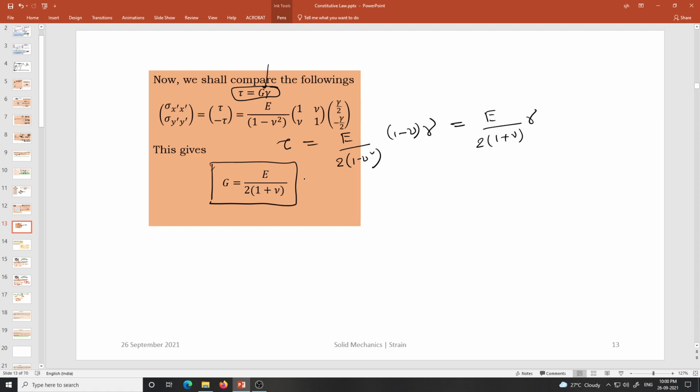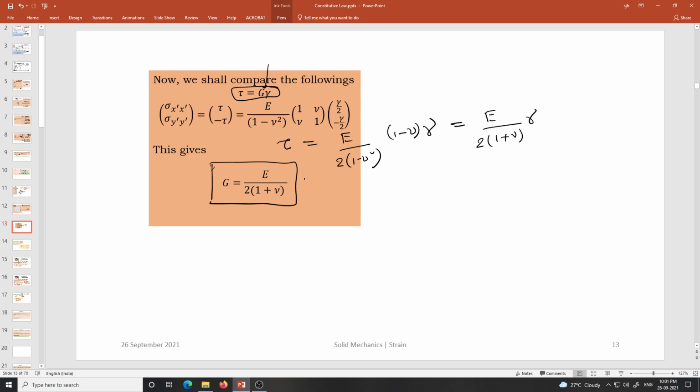Now, up to this point, whatever we have discussed, we assumed something at the very beginning, and step by step we tried to construct the constitutive law for the isotropic body.